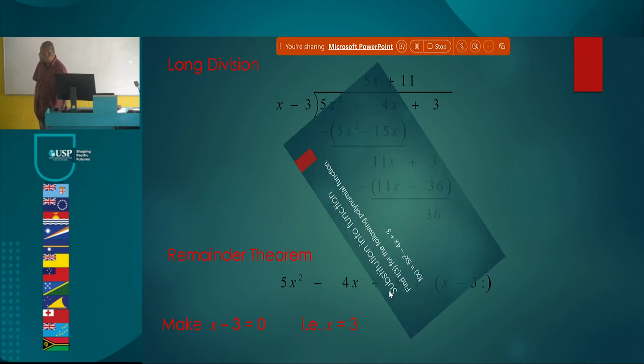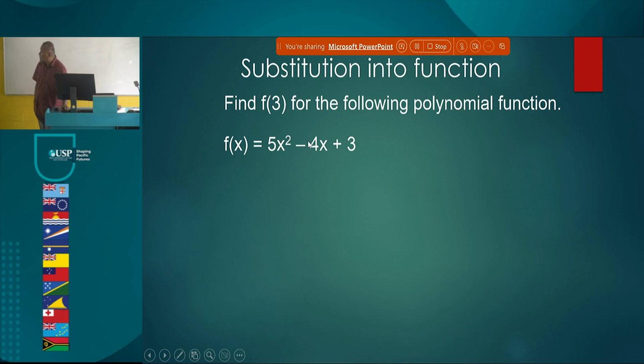Let's check. Substitute 3 into x quickly. What do you get? So that's 5 times 3 squared minus 4 times 3 plus 3. Long division says we get a remainder of 36.